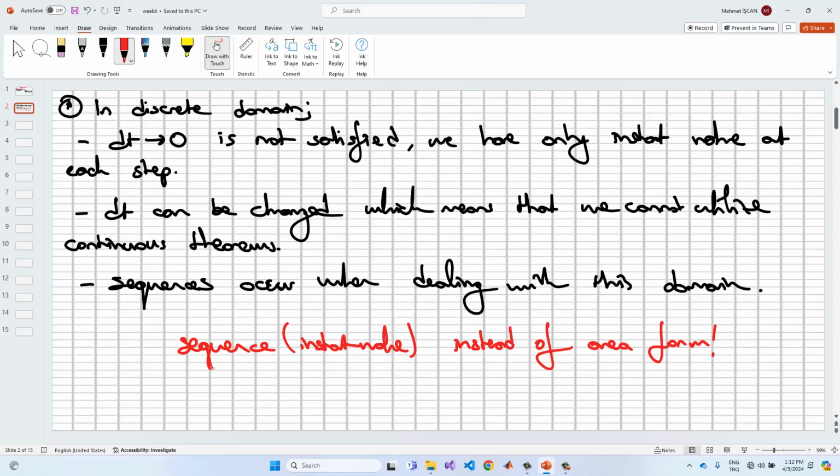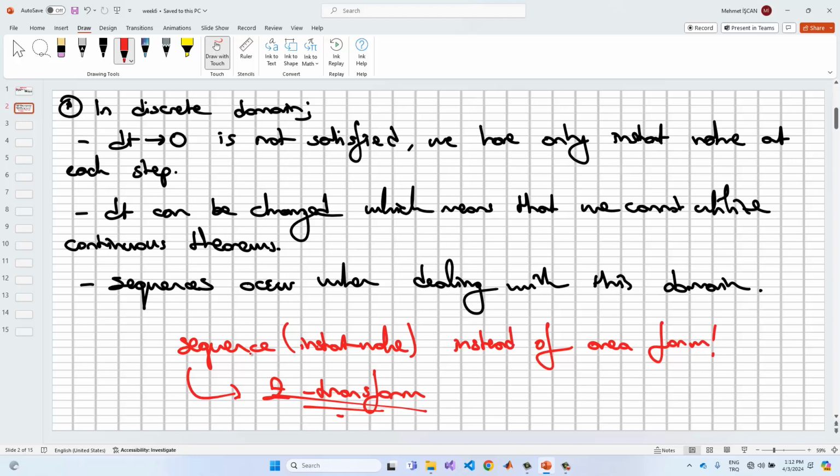We have the Laplace transform for the continuous time system, but in the discrete domain we have a different sampling period, and also we have one instant value, which means that we have a sequence. And so in order to deal with this sequence, we have the Z transform. Okay, this is the purpose of our theorem.